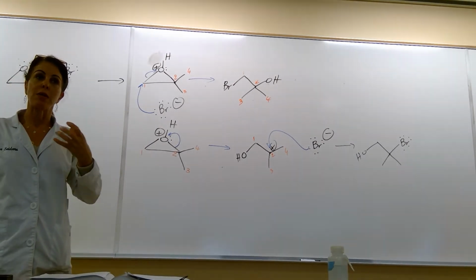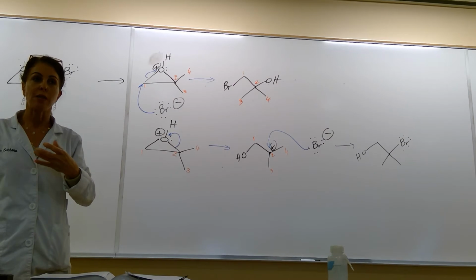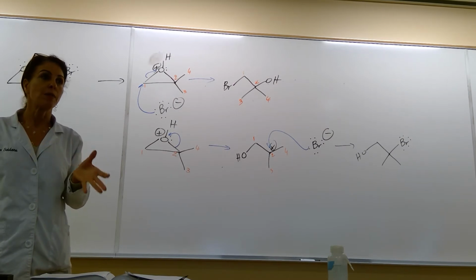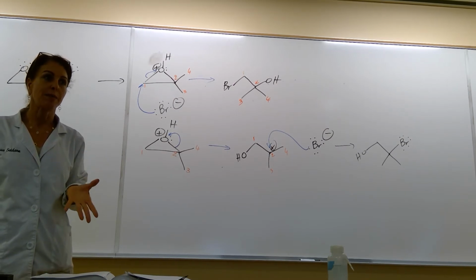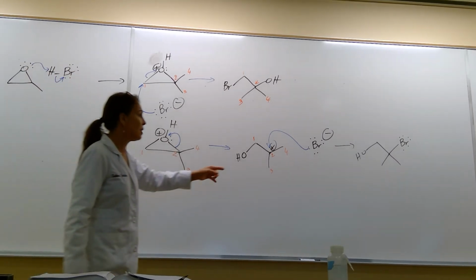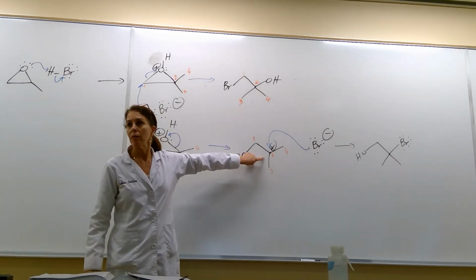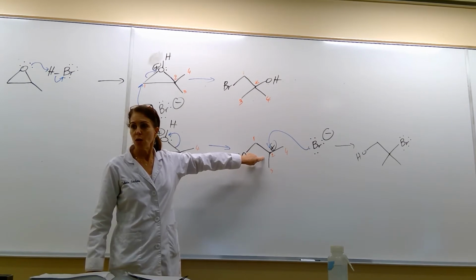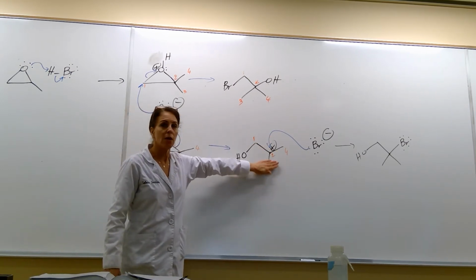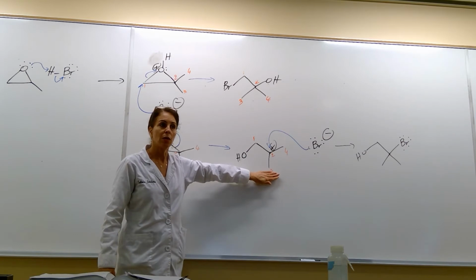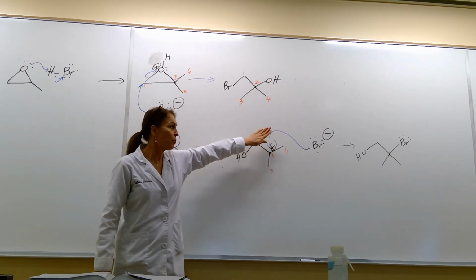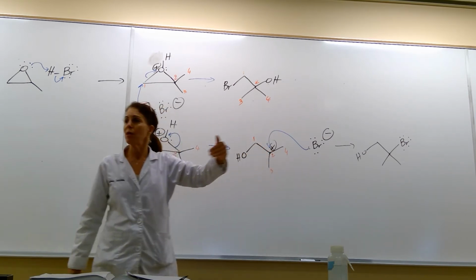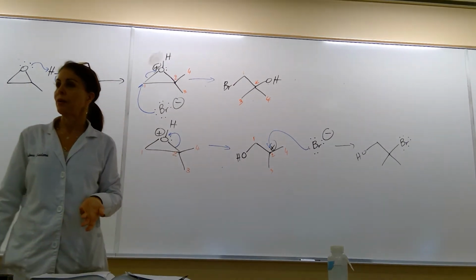I told you that hybridization explains how hidden or exposed the atom is. Okay? But here, what's the hybridization right here? sp2. So what is the shape here? Trigonal planar. So this is pretty flat, so the bromine has plenty of space to attack.